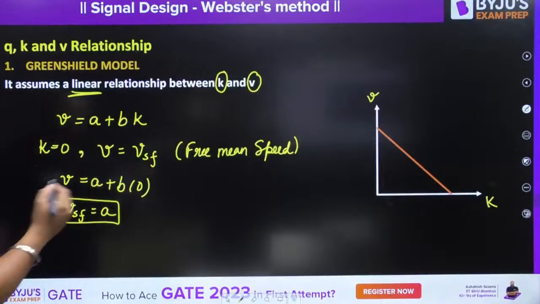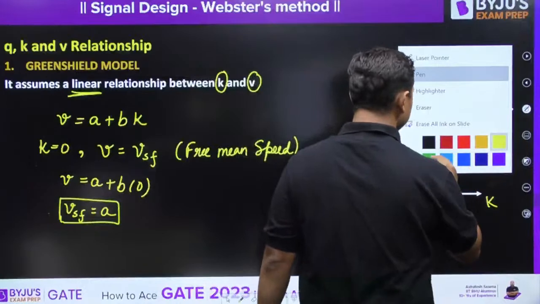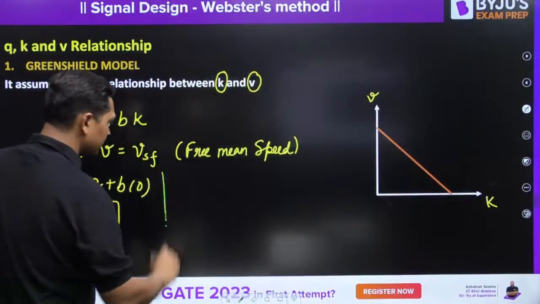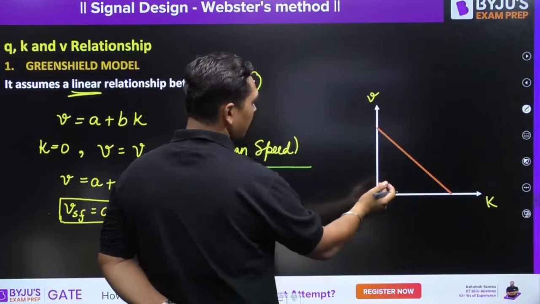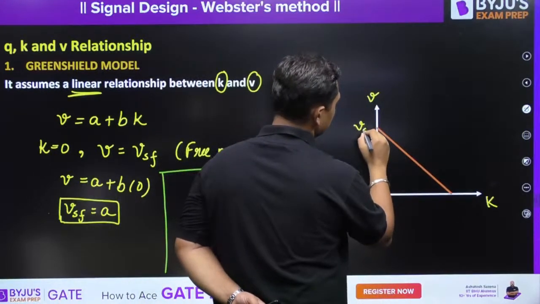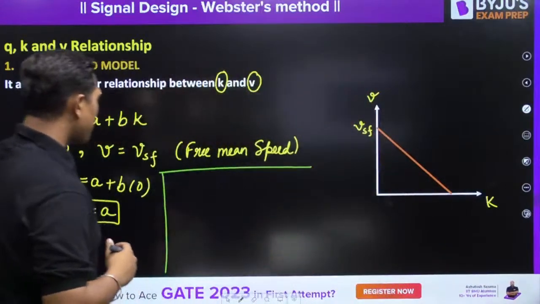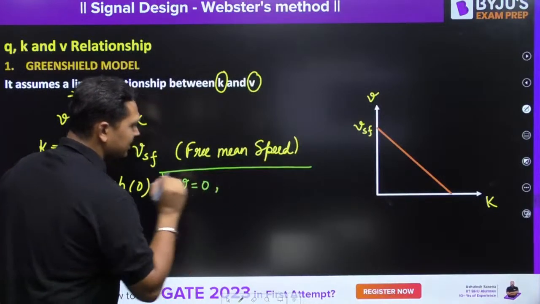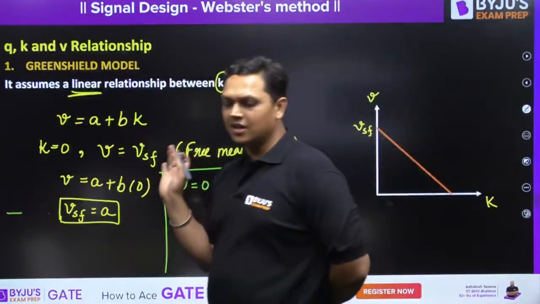Alright. Second condition would be, what would be the second condition? When your K is equal to 0, V is equal to Vsf. Now, when your V is equal to 0, what does it mean? When your velocity is equal to 0, when does this condition occur?